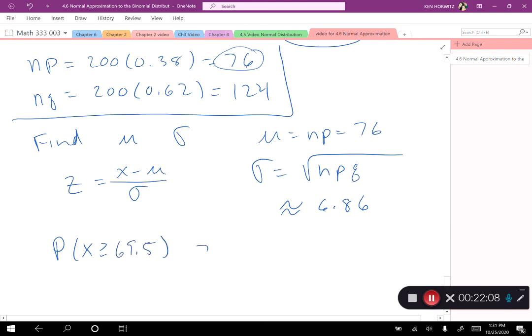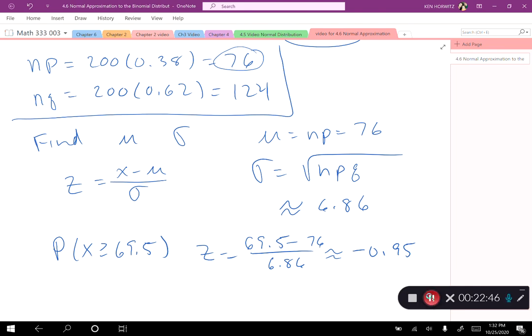All right, so my z is going to equal 69.5 minus our mu, which is 76, all over our standard deviation, 6.86, and I get negative 0.95. So now go to the chart, get your area, do 1 minus that area, and we'll talk about it on the back end.